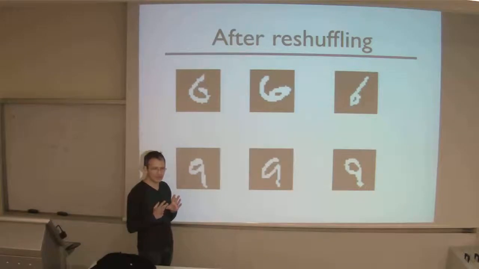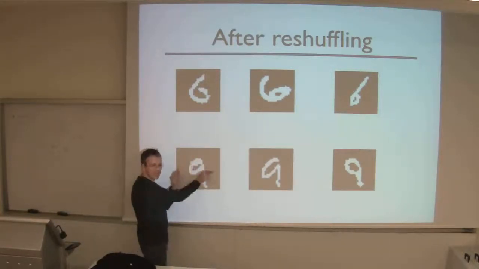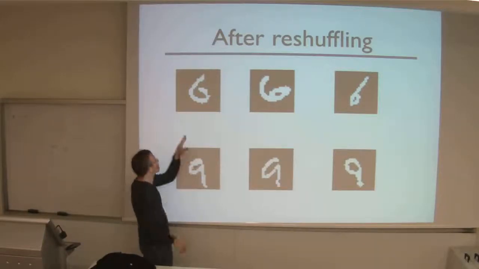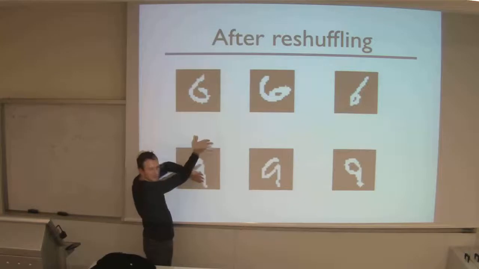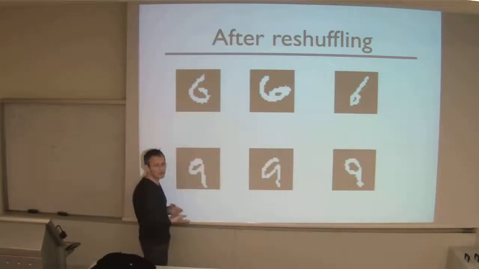Of course. So the pixel changes that I made were the same for the 6 and the 9. If I rotate it 180 degrees, I have to rotate both, so the 9 becomes a 6 and the 6 becomes a 9. But fine, you'd still be able to discriminate between the two, right? That's the point, 9 and 6.